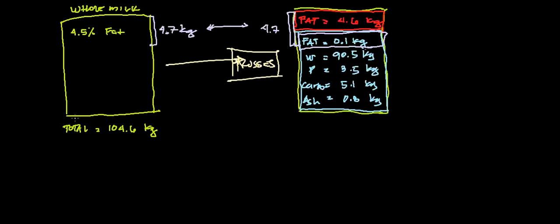Let's check if we will come out with 4.5% fat. So we have fat from our skim milk, which is 0.1 kilogram, and the removed fat is 4.6 kilograms, a total of 4.7 kilograms for the fat.